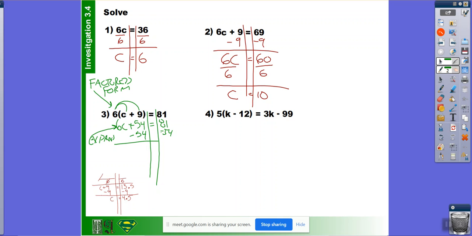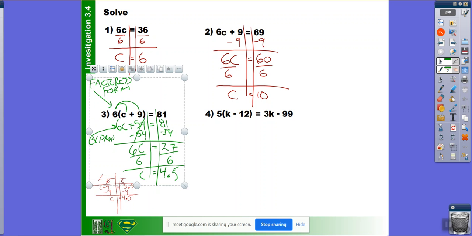And then that canceled out the 54, so it was 6C equals 27. And then I divided both sides by 6. And I got C equals 4.5. So we got the same answer. That's great. Both ways worked.